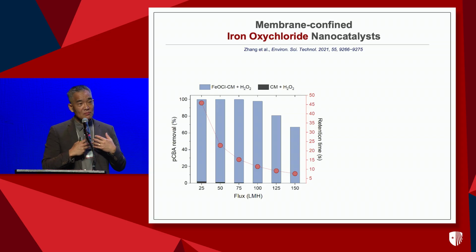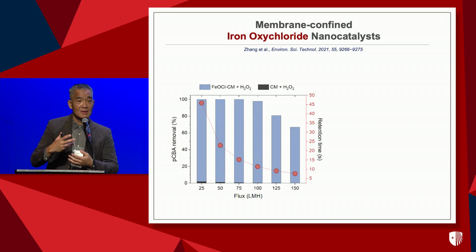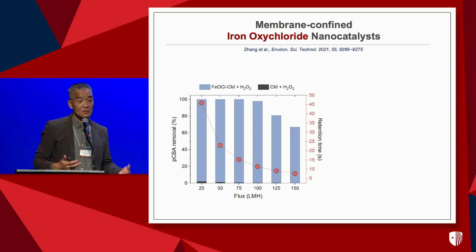So what we are trying to do is not only use the membrane to remove stuff by size exclusion, just like any other membrane. Once the little stuff passes through the membrane, small organic pollutants, they get destroyed, and we want to give sufficient time. So we don't want to make the water pass through too fast, so we need to find a certain optimum.